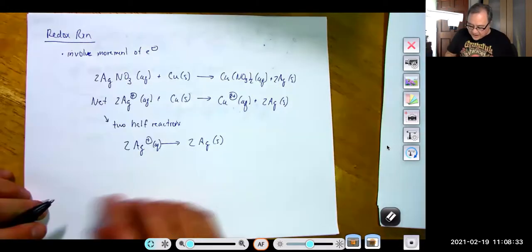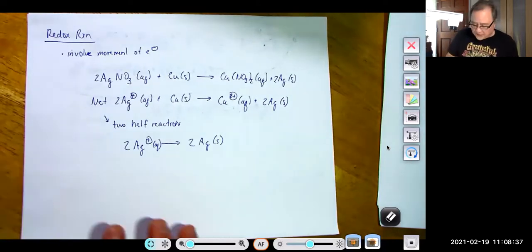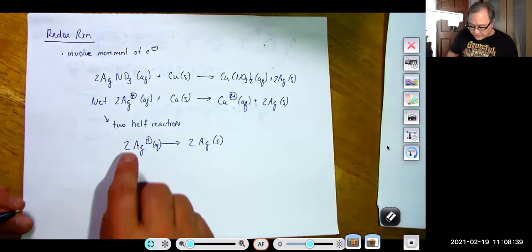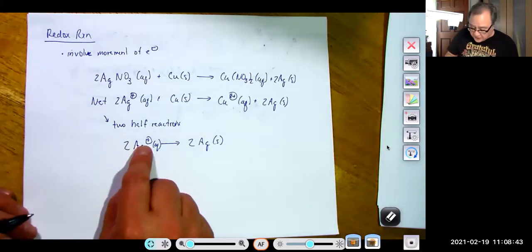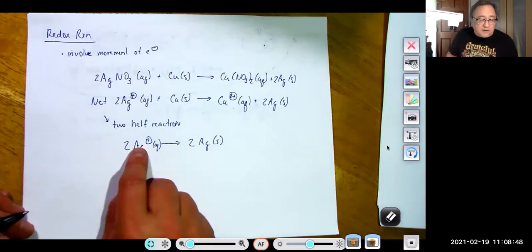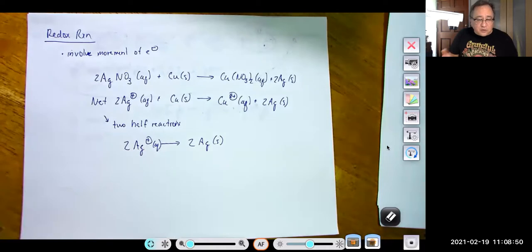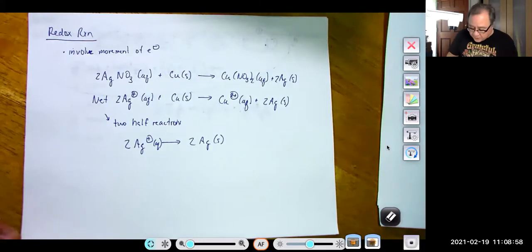Okay, so this is 1/2 reaction, but there's something wrong with it. I do have 2 silvers and 2 silvers, but over here, each of these is a +1 charge. Over here, each one of these has no charge. You can't have reactions where the charges don't equal on both sides of the equation. Not only do the number of atoms have to be the same, but so do the number of electrons. And here we don't have the same number of electrons.